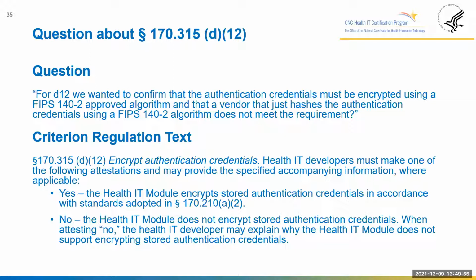The standard referenced in the criterion is the FIPS 140-2 Annex A standard, which contains cryptographic encryption and hashing algorithms. This question asks if cryptographic hashing of the stored authentication credentials is sufficient to meet the requirements of the D12 criterion.